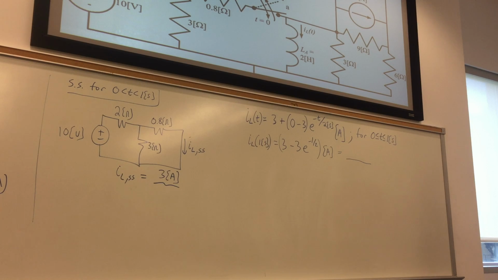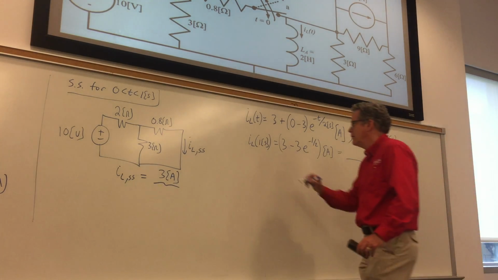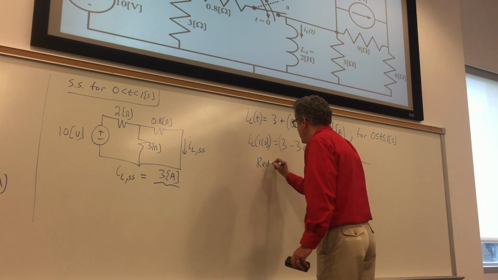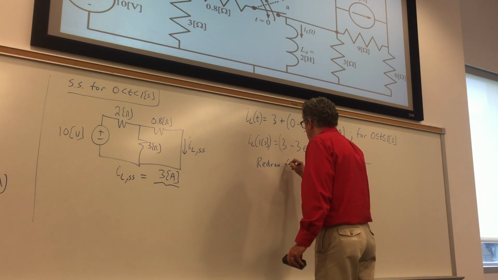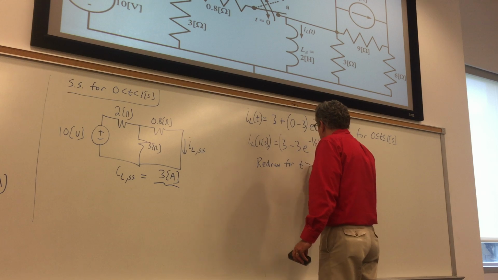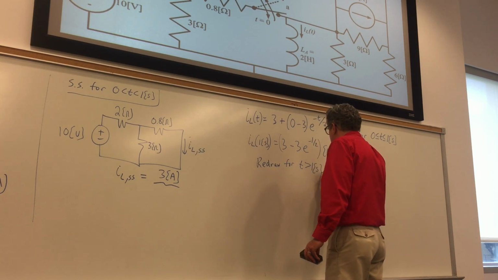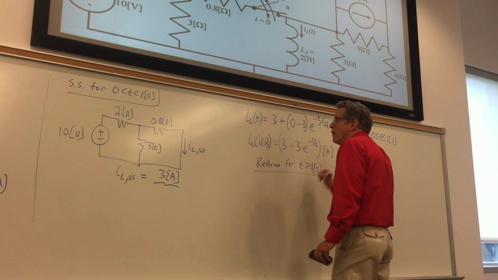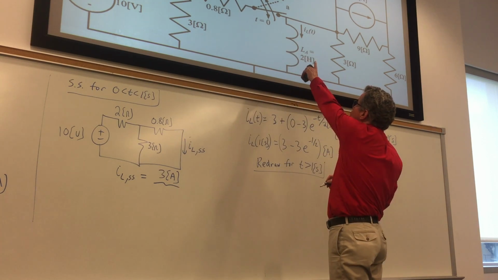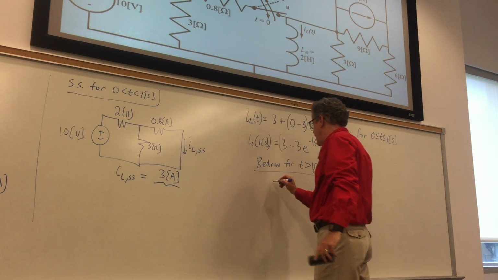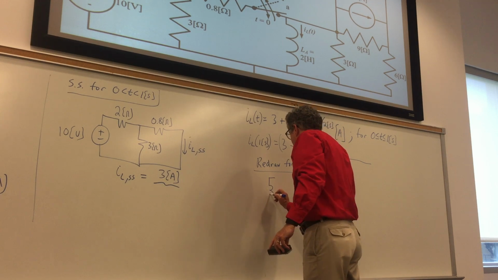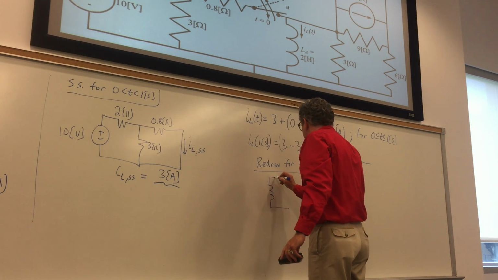And then what do I do? I redraw for t greater than 1 second. And I go back to the original circuit, and that switch is opened again now. And the inductor is inducting, still inducting.